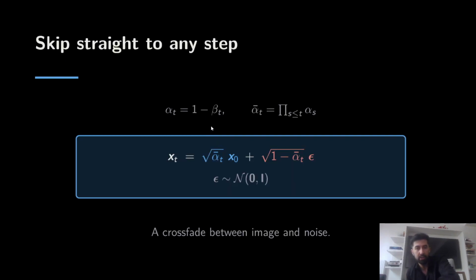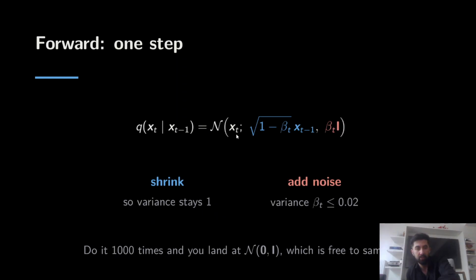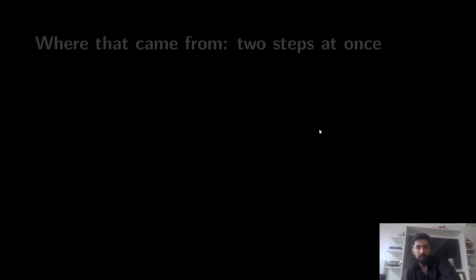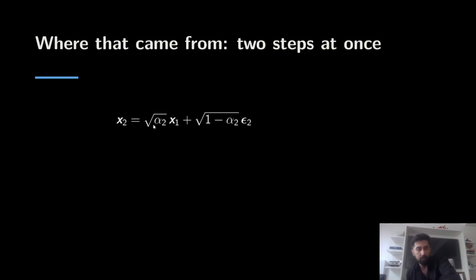So it's just a change of variable. Going back to the slides before, radical 1 minus beta becomes radical alpha, and beta becomes radical 1 minus alpha. So x2 is radical alpha 2 x1 plus radical 1 minus alpha 2 epsilon 2, correct?